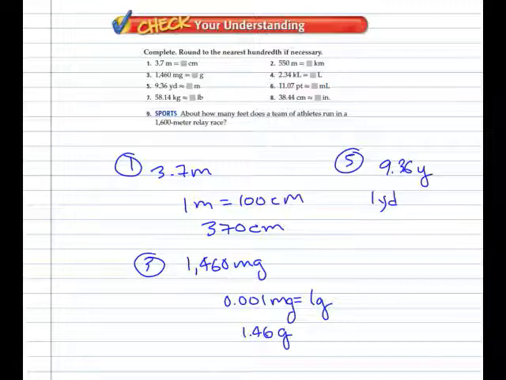So I'm going to take my 9.36 times 0.91, which gives me, to the nearest hundredth, about 8.52 meters.